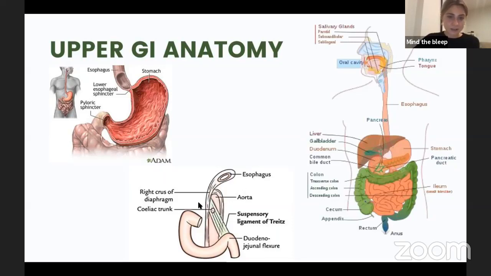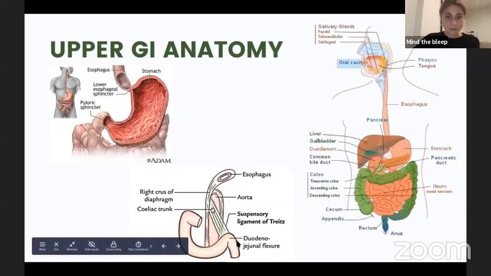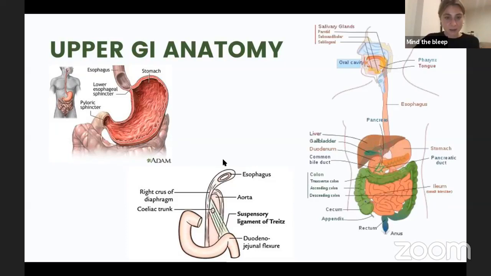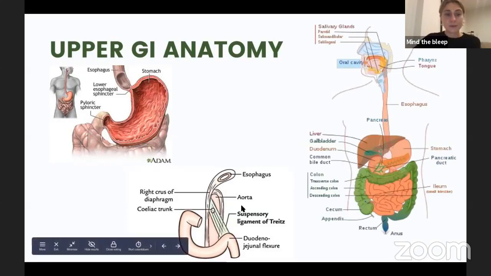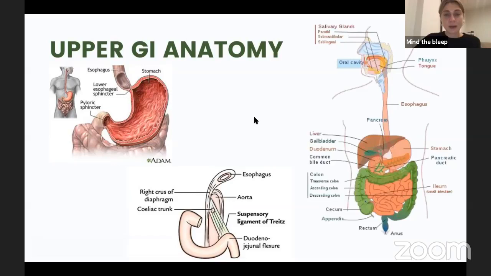So just to orientate yourself in here, this is the duodenum, this is the diaphragm, this is the aorta at the back, and the esophagus would be here at the front. Okay, so the third part of the duodenum, which is connected to the suspensory ligament, demarcates the transition between the upper gastrointestinal system and the lower gastrointestinal system.